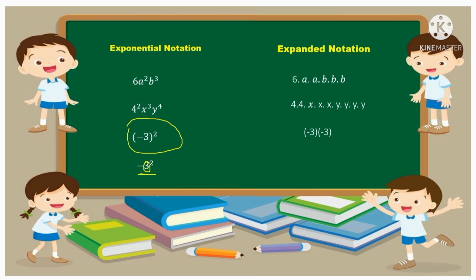Do not include the negative sign. So always remember that. That negative sign was placed before the number, so only the 3 will be multiplied by itself.